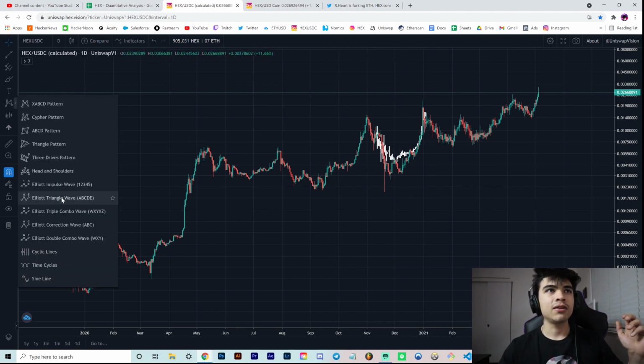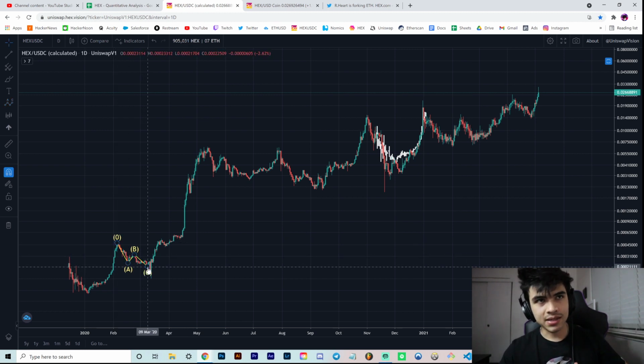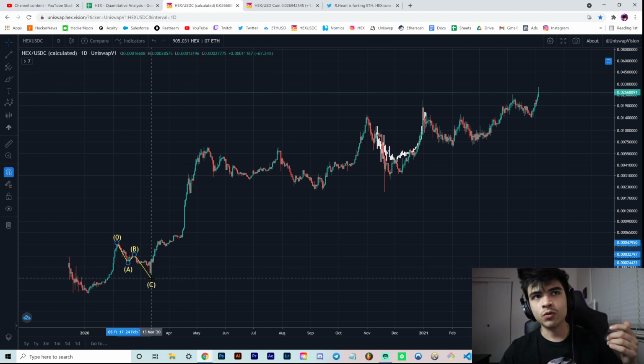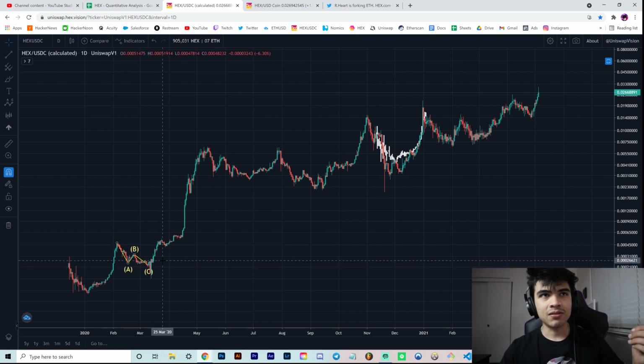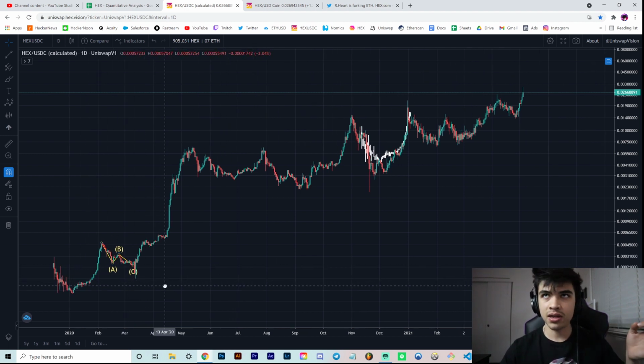Well, if we grab our Elliott correction wave over here, a typical correction wave may be composed of an ABC pattern. And you can drag the C wave, this 3 wave, all the way down to here if you want, to the actual capitulation on March 13th. But that was sort of a freak event which required very specific conditions, in my opinion.